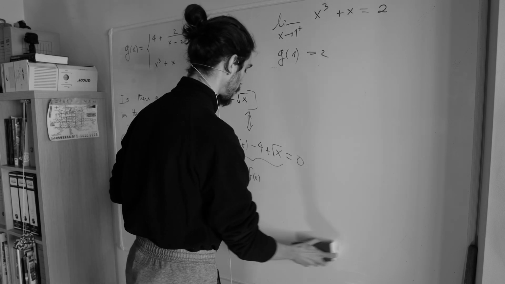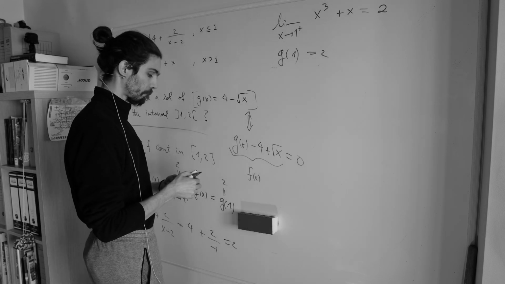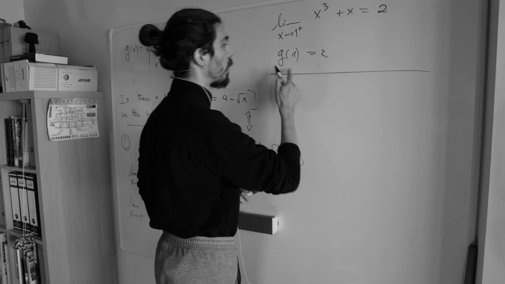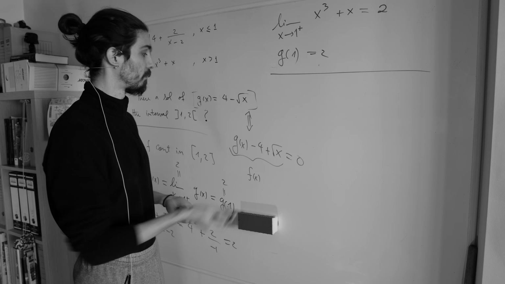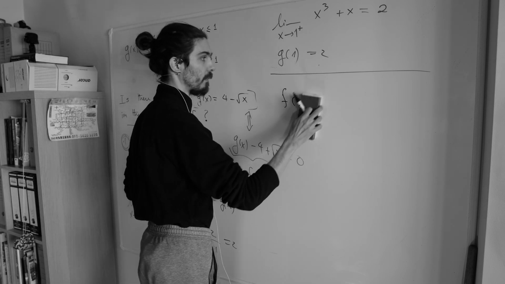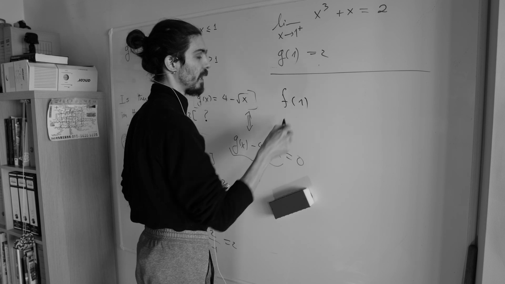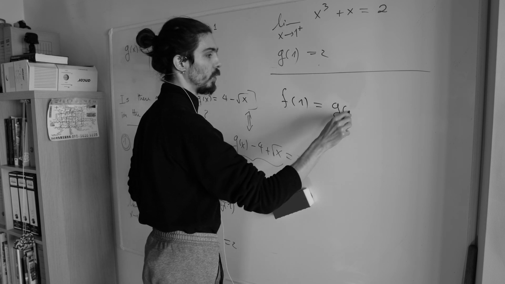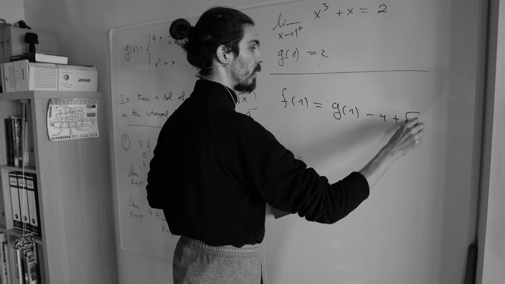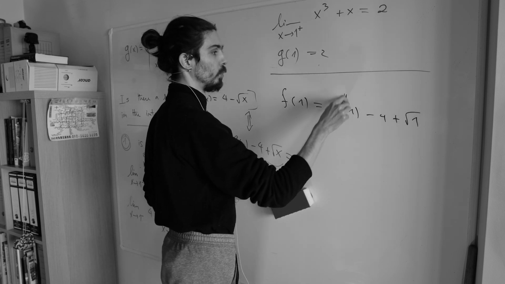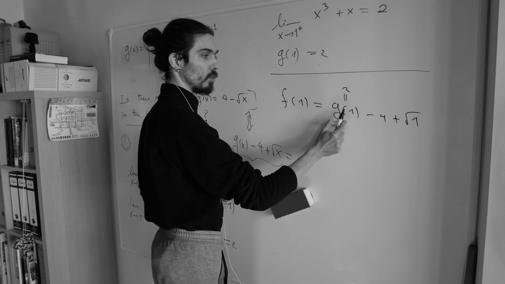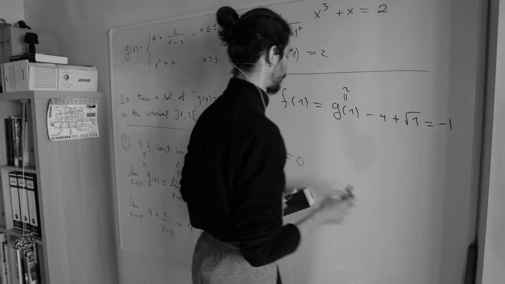Now, the second part that we want to check is the images at the endpoints. g of 1 is already computed, so it's 2. So f of 1, one step at a time, is equal to g of 1 minus 4 plus square root of 1. This is 2, so 2 minus 4 is minus 2, minus 2 plus 1, so it's minus 1.